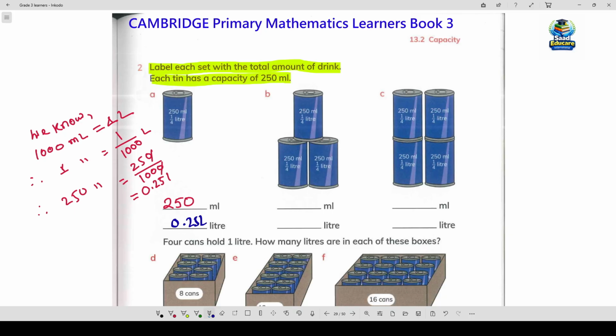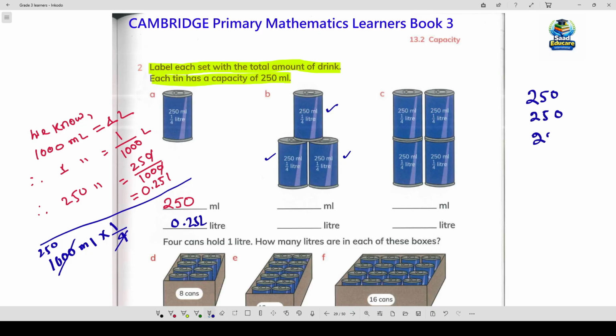Or we can say another thing, 1000 ml times 1 by 4. It means once we divide 1000 by 4, it will be 250, right? Anyway, next one, here is 250, 250, 250. So we can add 250, 250, 250.